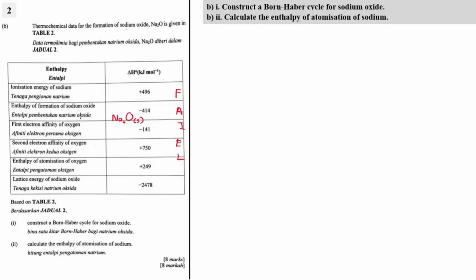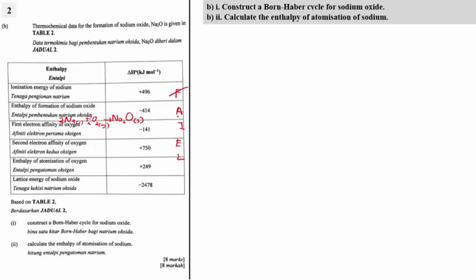Hence, we know that it needs to come from its neutral stable elements, which are Na solid, plus oxygen, which is in the gaseous state. In order to get 1 mole here, we need to put 2 Na and then 1/2 oxygen. So we have done the formation equation here.